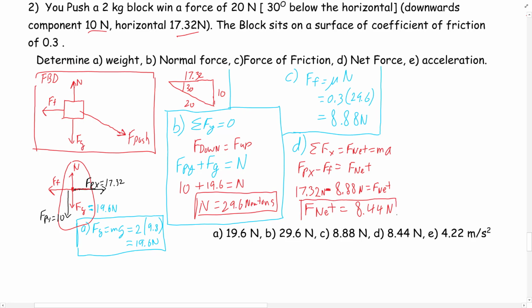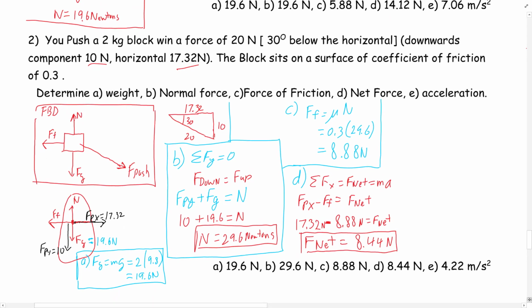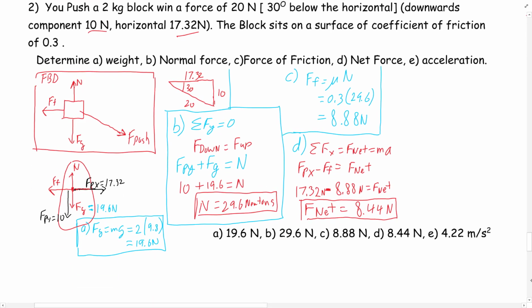So the last net force, I can't even remember what it was. It was 14, now it's only 8. So changing the angle downwards to 30 from 20, and from horizontal to now below the horizontal, changed it significantly.